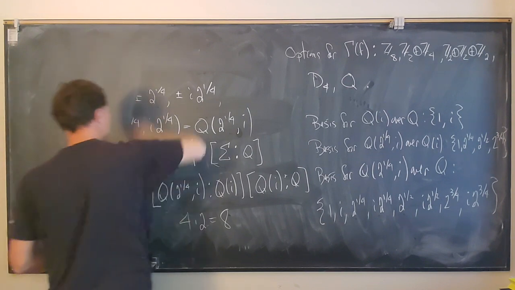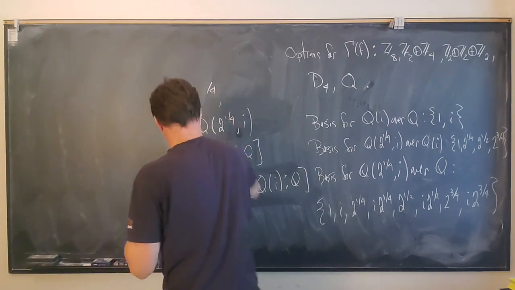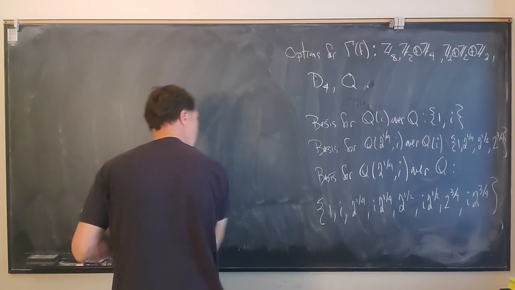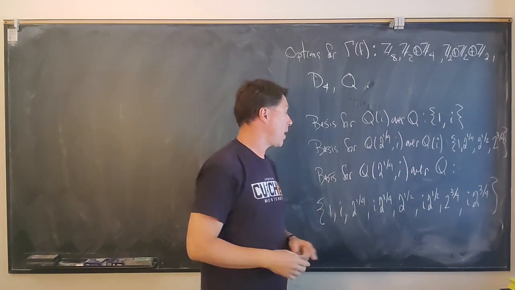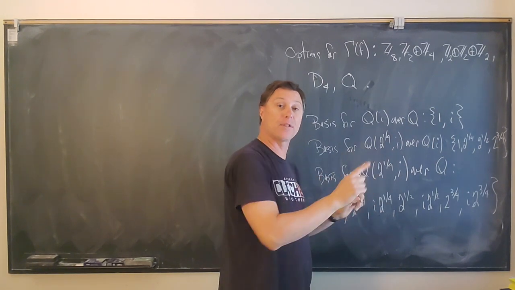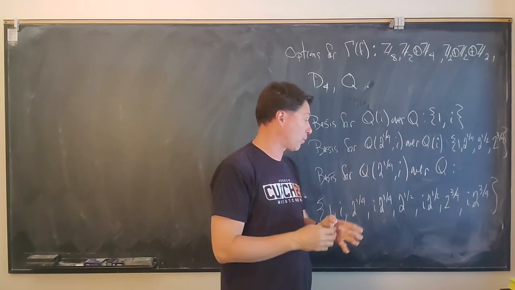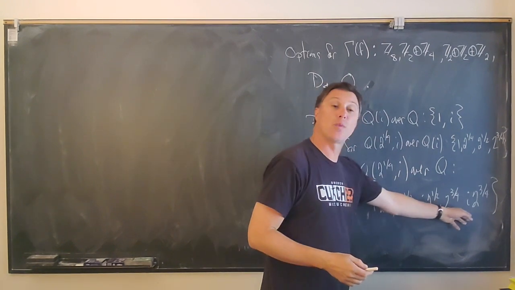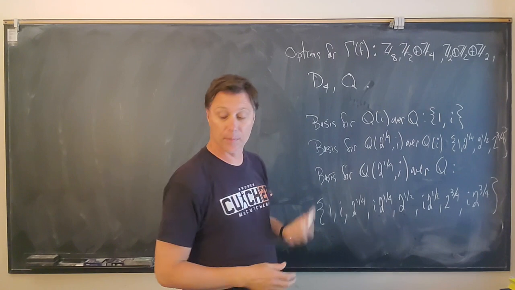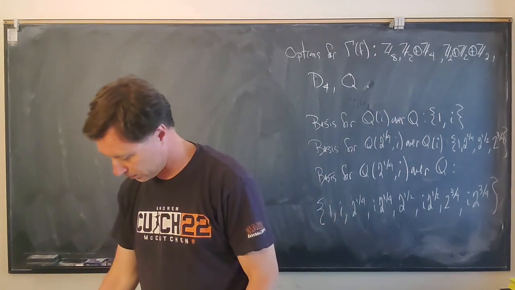And so from this, we can see that any element of the Galois group will be completely determined by what happens to 2 to the 1/4 and i, right? If you know what happens to those via the automorphism, then you can figure out what happens to any element of the basis, which then allows you to know what happens to any element in the splitting field.